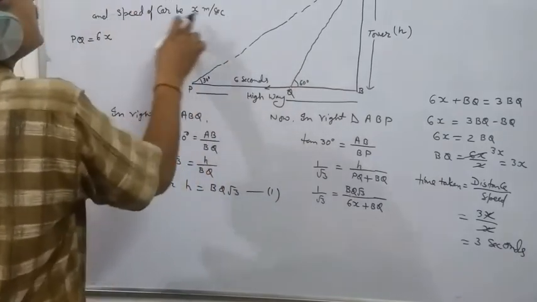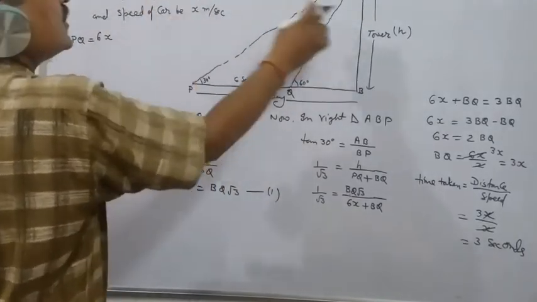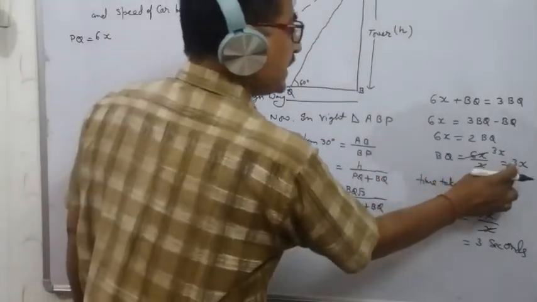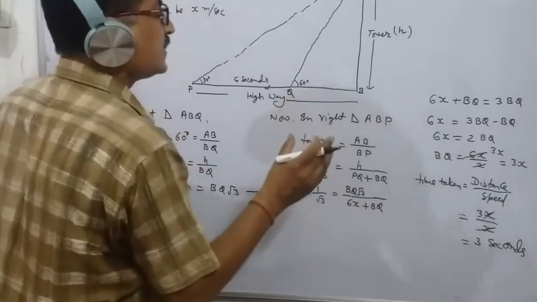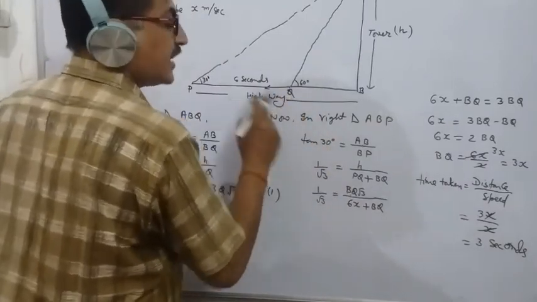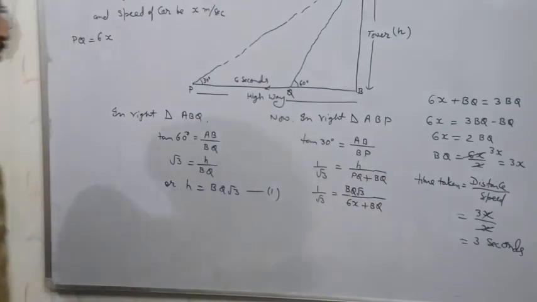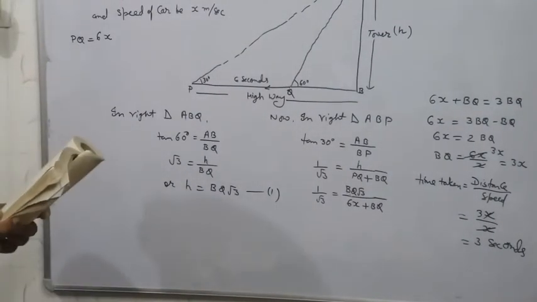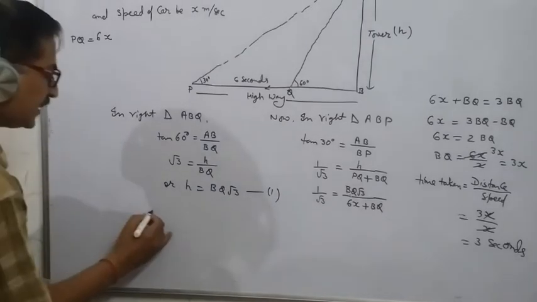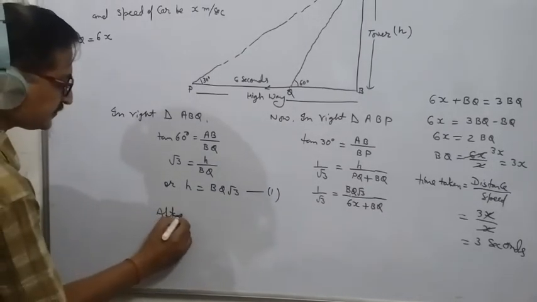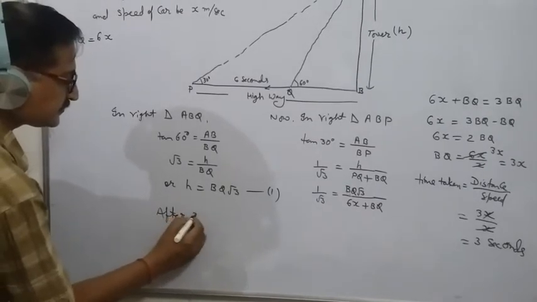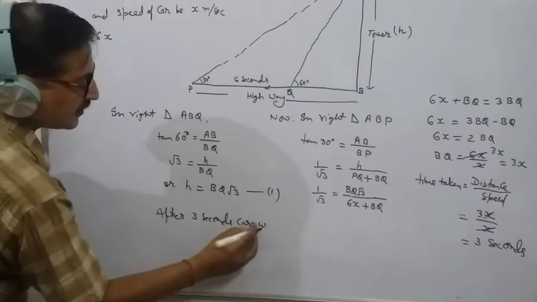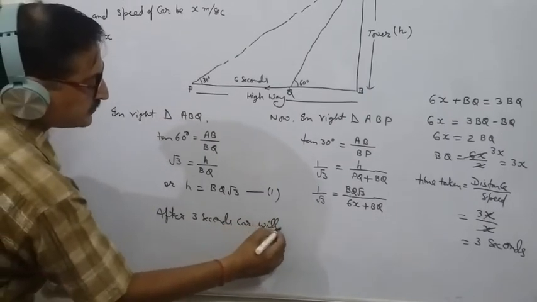We have taken the speed of the car as x, and the height of the tower as H, and by solving we have got BQ equal to 3x, and 3x is the distance and the speed is x, therefore time taken will be 3 seconds. So after 3 seconds the car will reach the tower. Your answer will be: after 3 seconds the car will reach the tower.